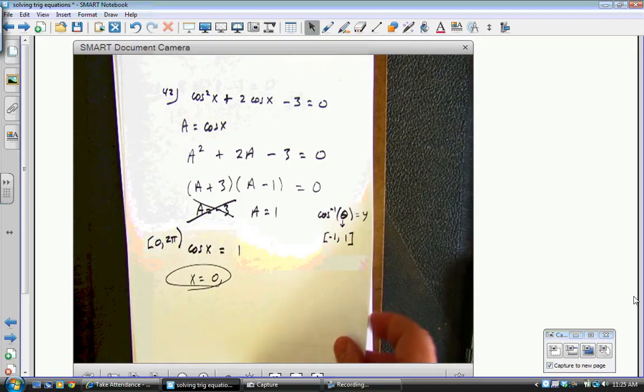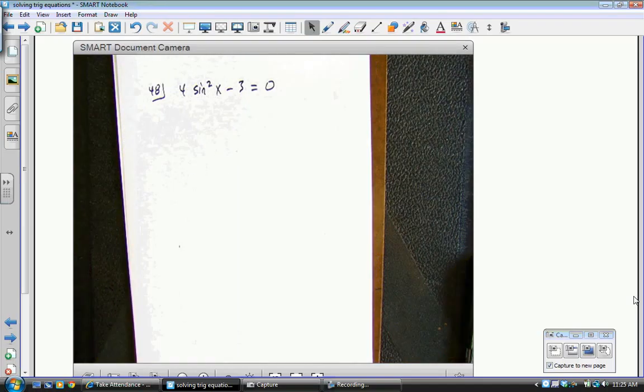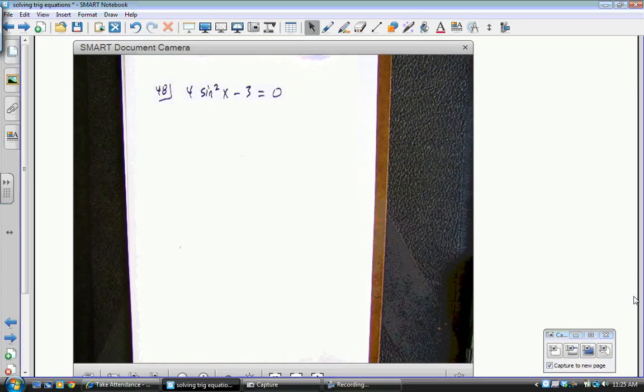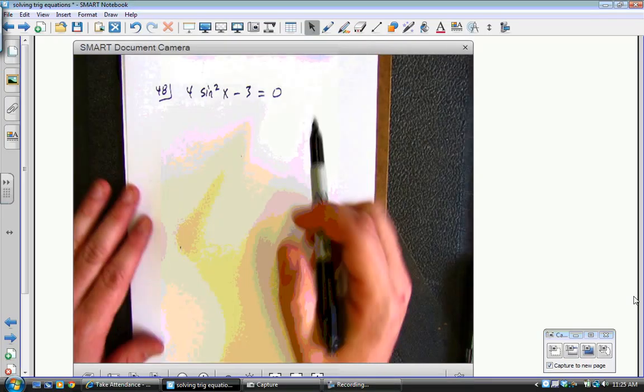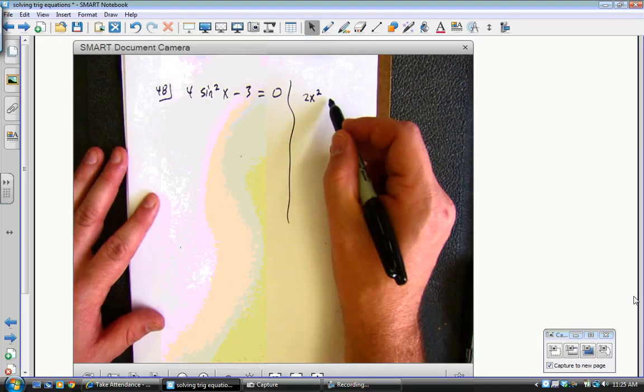Okay? Now, let's look at another quadratic form here that's a little bit different. Okay, so like on 48, what do you notice there is different? Right, it's 2 instead of 3, and what term is sort of not there? The linear one. Right, the sine x term, okay? So it kind of compares to an equation maybe like this.